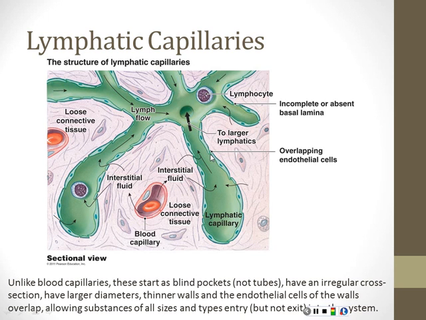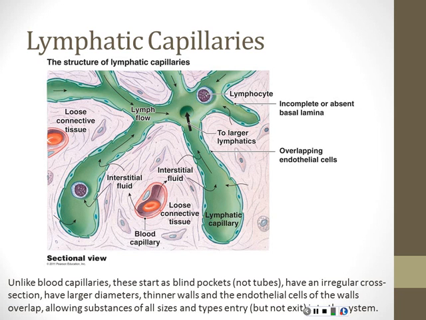Well, what that means is we can have a kind of trap door effect. If this is our lymphatic vessel, and we push on this cell right here, it'll push in, right? So that would allow a large thing to enter between these cells. Now, once we're inside, though, if we push back and we try to open that door again, we can't because it's blocked by the cell above it.